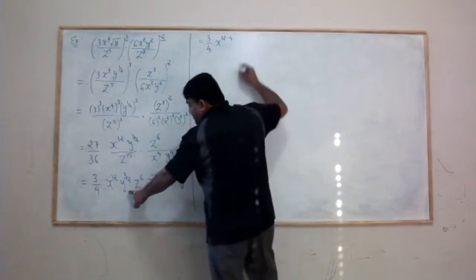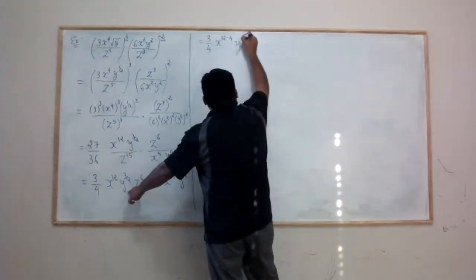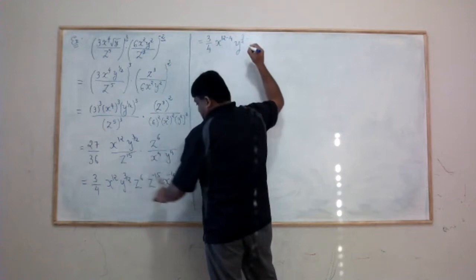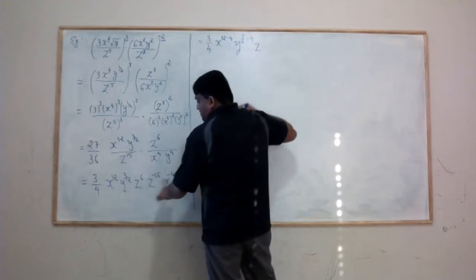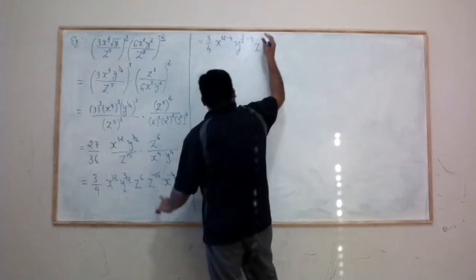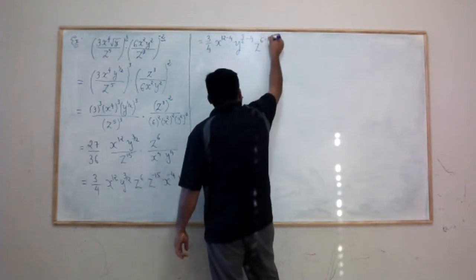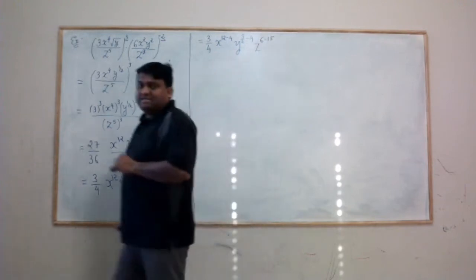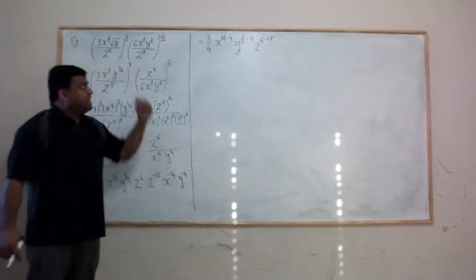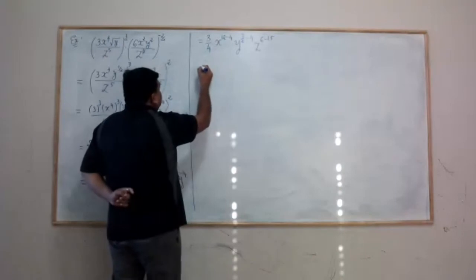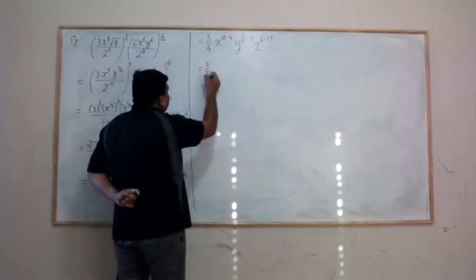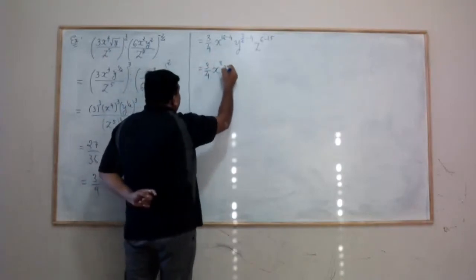Same way, y to the power 3/2 minus 4, and then z to the power 6 minus 15. I simply need to simplify those numbers. We already know 12 minus 4 is 8. So 3/4 x to the 8.